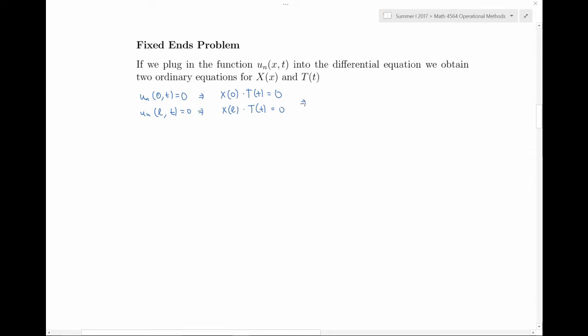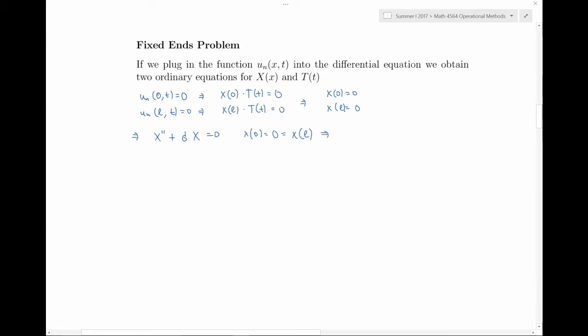Which means that if we want to have non-zero solutions, we should let T of t be a non-zero function. And therefore X of 0 and X of L should both be 0. We encountered this boundary value problem in the case of the heat equation, when X double prime plus sigma X was 0, and X of 0 and X of L both were required to be 0.